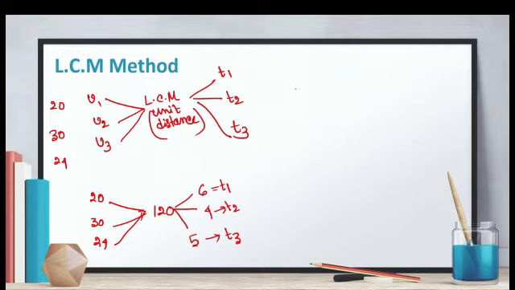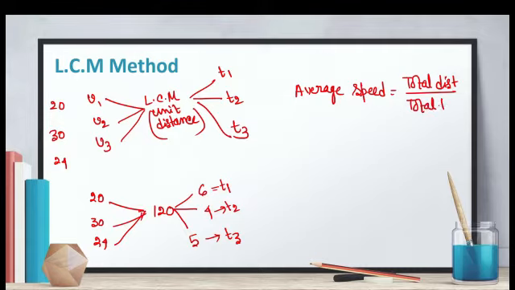Now, what is average speed? Average speed is again total distance upon total time. What is the total distance here?